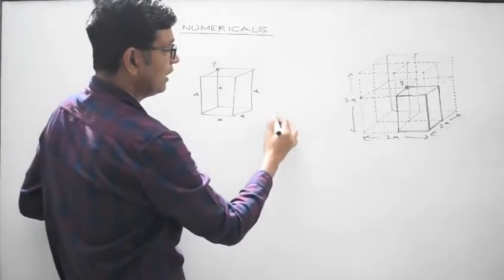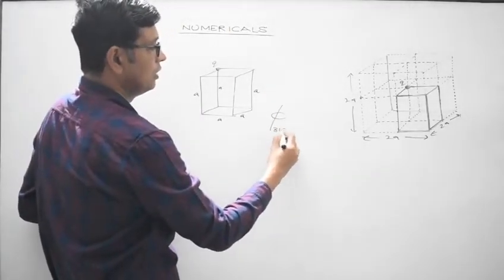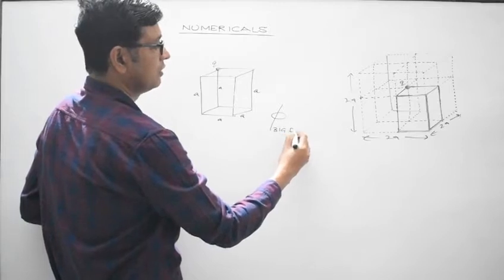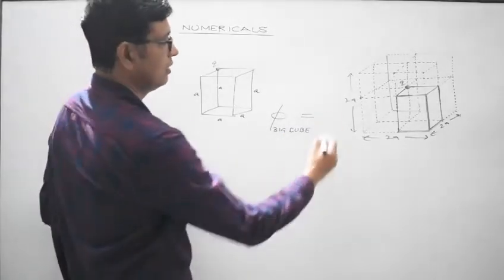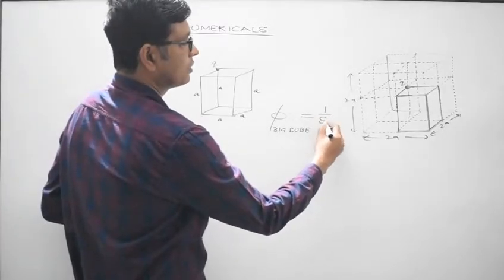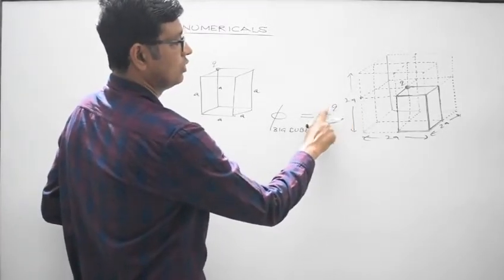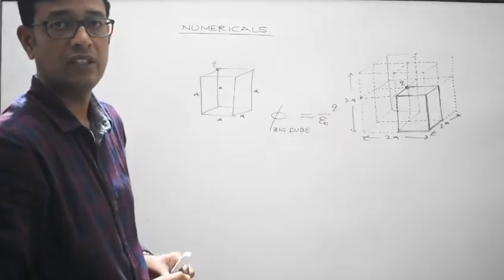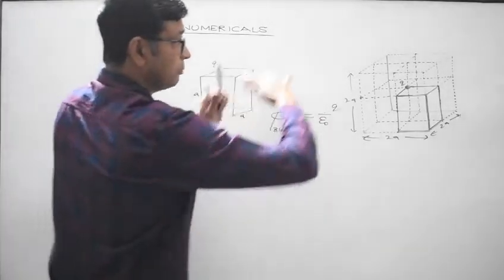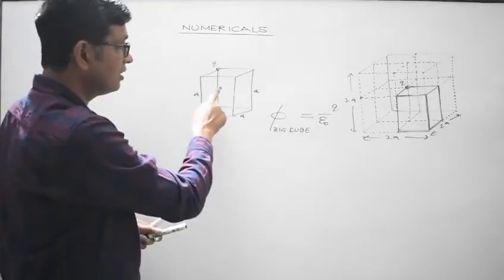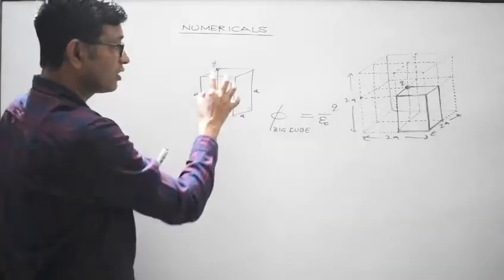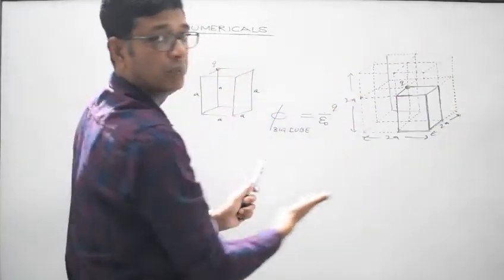So directly apply Gauss theorem. The net flux associated with the big cube would be given by 1 by epsilon naught times the net charge enclosed. No doubt regarding this, right? This is the flux associated with the big cube. But our objective is to find out the flux associated with this single cube, and 8 such small cubes make that one big cube.